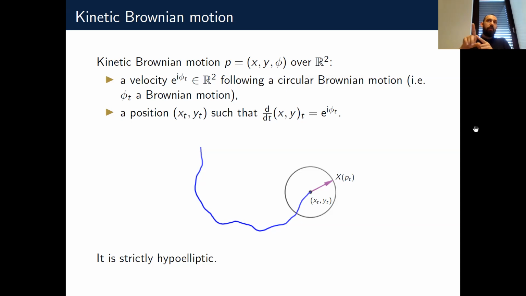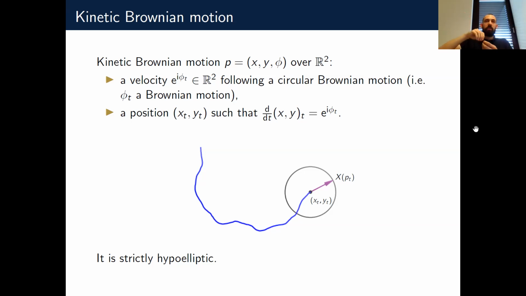If you think about it, if you forget about the drift, the Brownian motion is only on the velocity. So what it's going to do, if you just leave it be, is turn around the circle. Nothing is going to happen except turning around the circle. So there's no way you can go from one point to another. And in fact, the density would be supported just along a line.